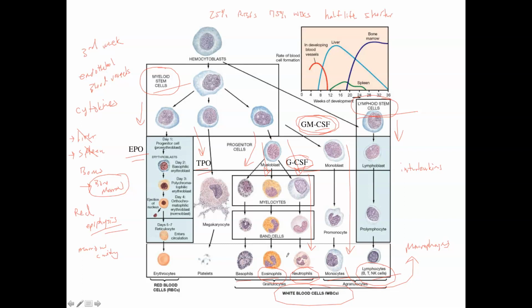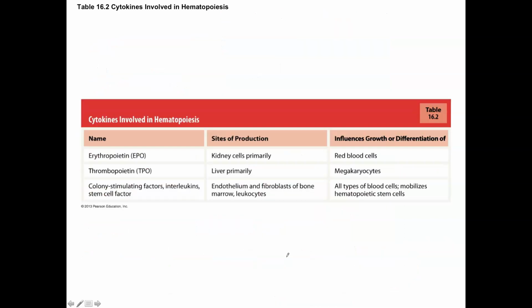So again, to recap the chemicals, we have colony stimulating factors and interleukins, which are used in leukopoiesis, so being able to produce white blood cells. The thrombopoietin, again, is produced by the liver, and this is going to trigger megakaryocytes.